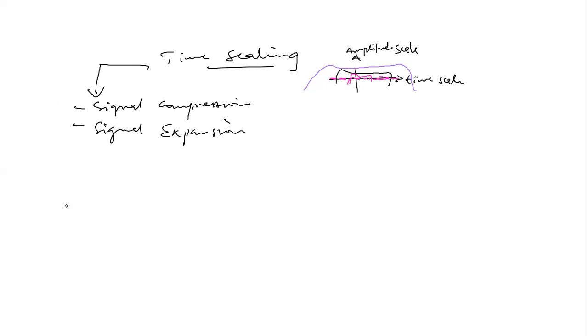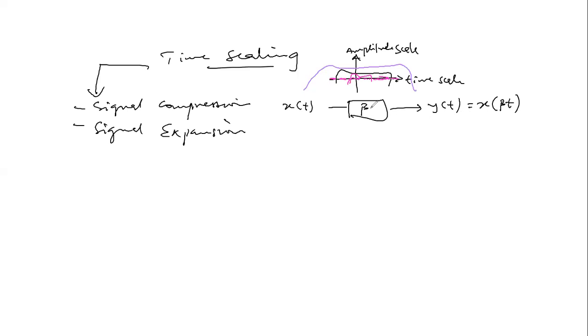Now, for signal compression, we assume that the signal S of t is fed into a system such that we get our output Y of t. But in this case, there is an operator that operates on the time scale, say beta, such that the output becomes S of beta t.